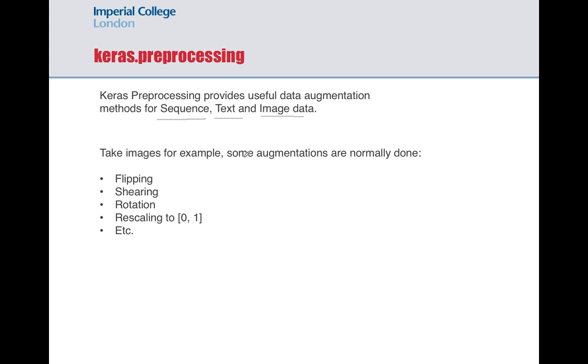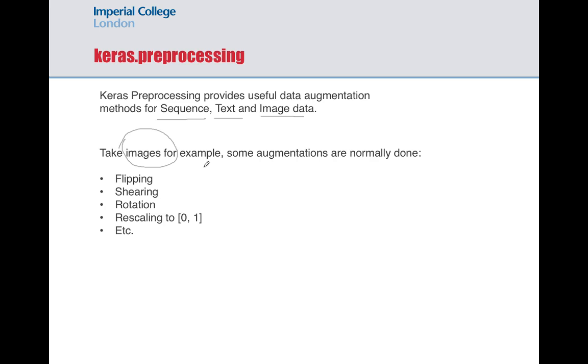You can just call the libraries to do it for you. Let's look at some examples. For example, if you want to train image recognition networks, the images have to be pre-processed.